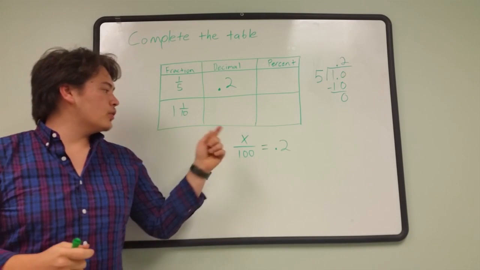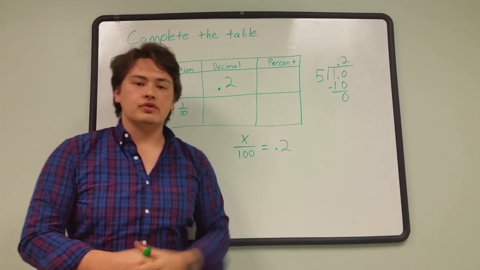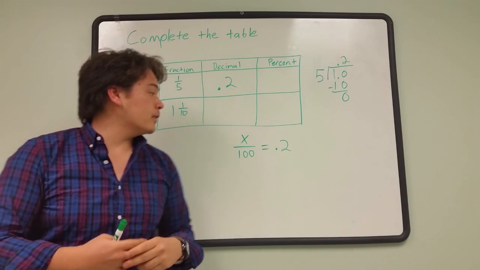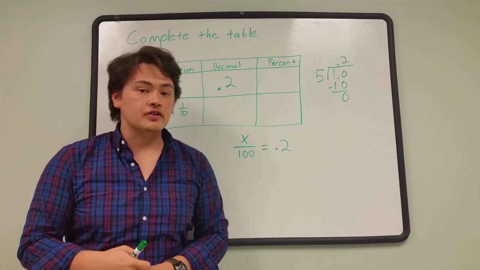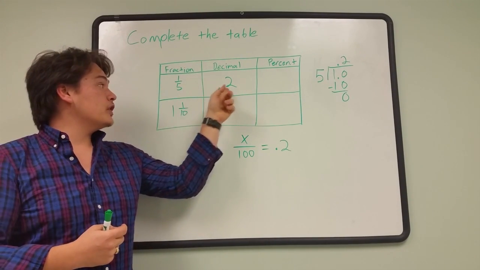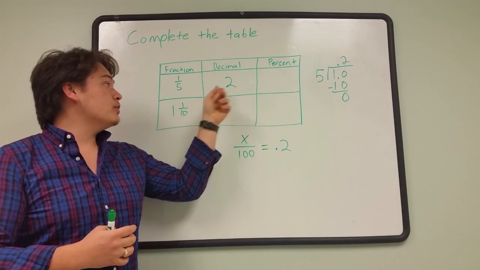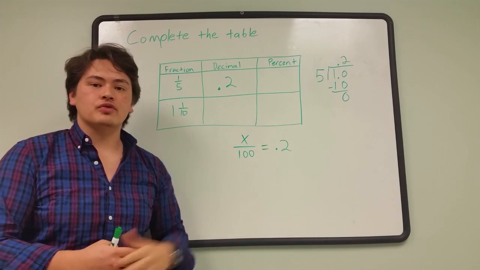So right here, I wrote x over 100 is equal to 0.2. The reason why I wrote this out is because x is going to symbolize what the percentage is going to be. So we know that 1 over 5 is equal to 0.2, and 0.2 is going to be equal to whatever the percentage is over 100.